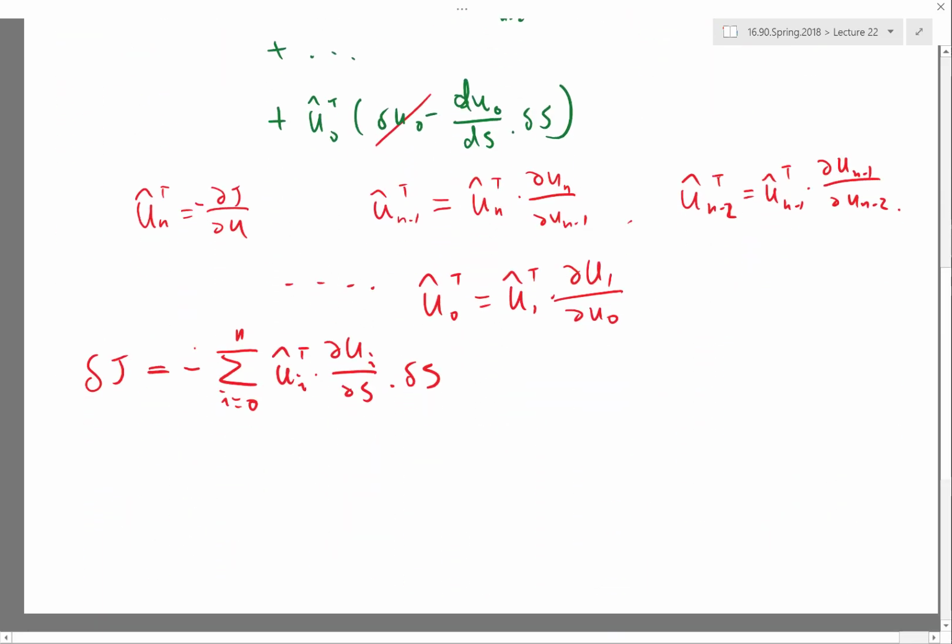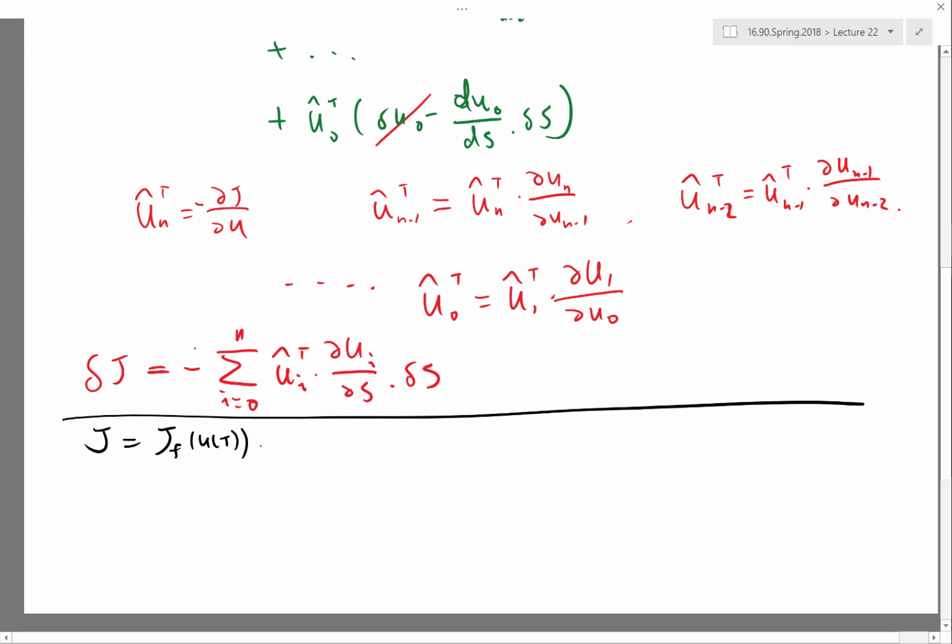Okay, so for the differential equation, I have J expressed as Jf of u(T) plus the integral of Jc of u(t) dt.